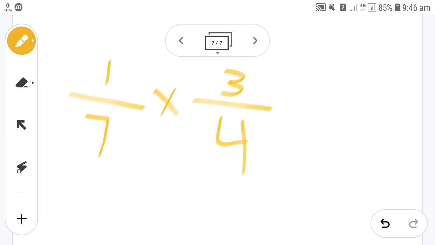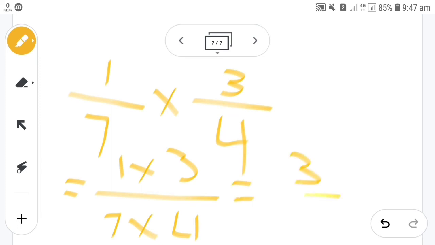To multiply two fractions, we have to multiply numerator of both fractions, and we have to multiply denominator of both fractions. As you can see, 1 into 3 by 7 into 4. This gives 3. 7 into 4, 28.